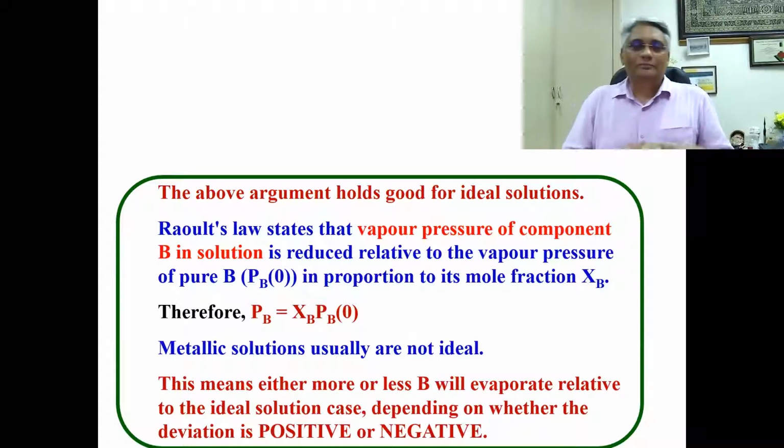But in most cases, since the mole fraction has to be considered, you are always away from the ideal case, which means that either more or less of B will evaporate relative to the ideal solution case, depending on whether the deviation is positive or negative.